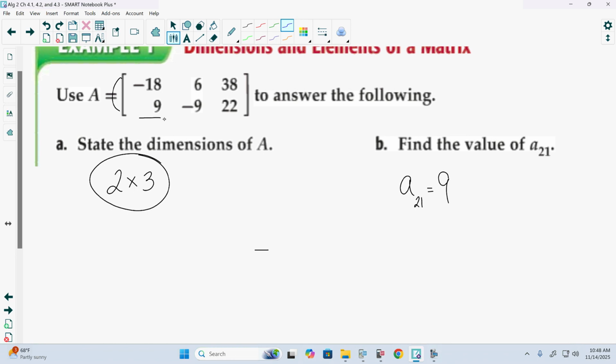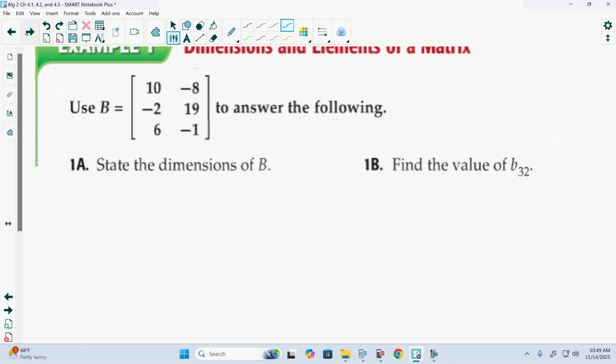Questions on finding the dimensions of A or element a21? What would a22 be? -9. Second row, second column. Let's look at this next one here. State the dimensions of B, and then we're going to find b32. Well, the dimensions of B are 3 by 2.